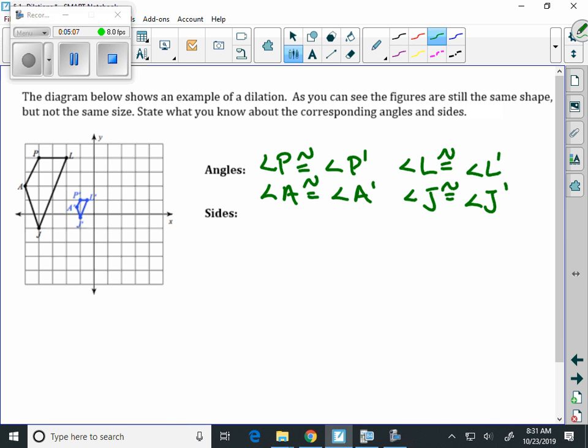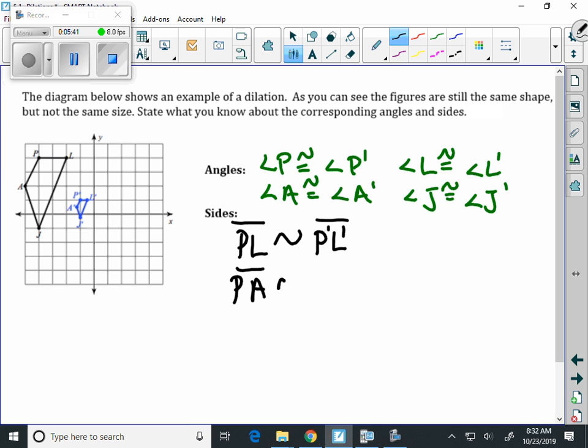It's the sides that have a different symbolism. And what it is that side PL is similar, and the symbol for similar is just one squiggly line. PL is similar to P prime L prime. Again, you don't have to have these in the same order.